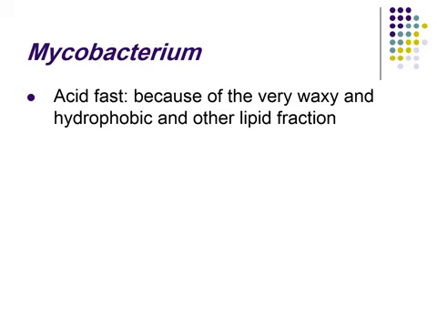And as we know, the lipid fraction in the cell wall of Mycobacteria contains three types: cord factor, wax D, and mycolic acid. These make the cell wall of this bacteria impermeable to gram stain, so it is not easily stained by using a gram stain. In this case, we use a special stain called acid fast stain.